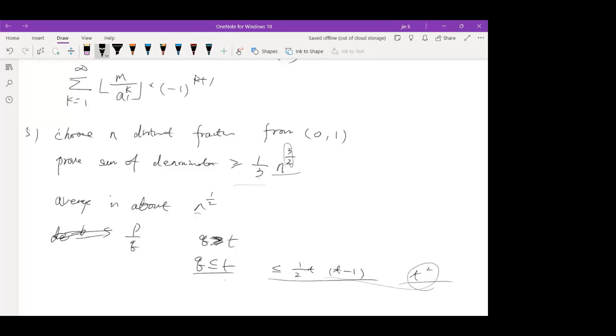So this is about half T squared, so this will be about n minus half T squared, roughly.